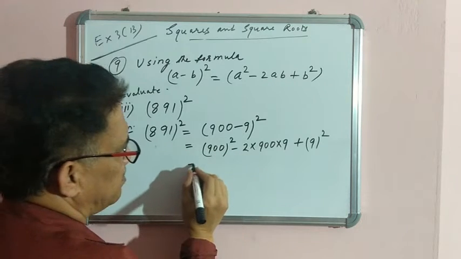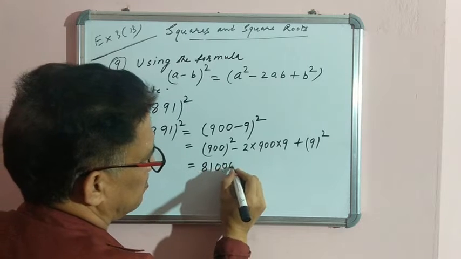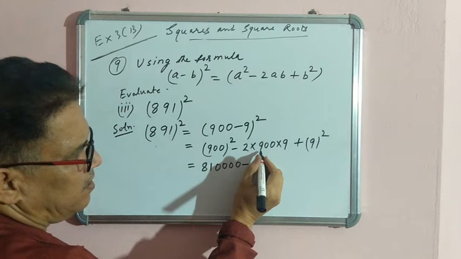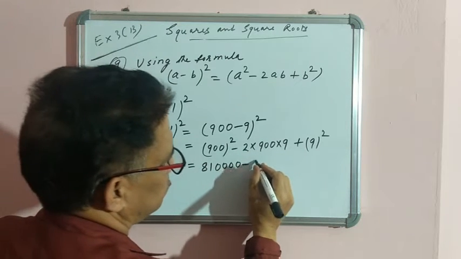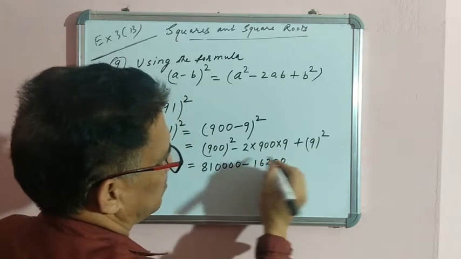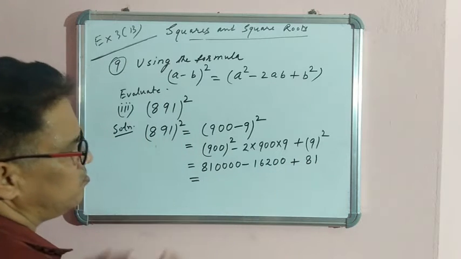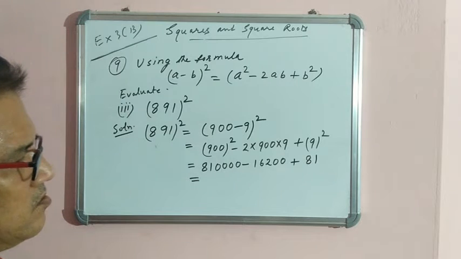900 square is 81 and then 4 zeros will be there, minus 9 nines are 81, 81 into 2 is 162 and double 0, plus 81. Again we will add this one and this one, then we will subtract this one.